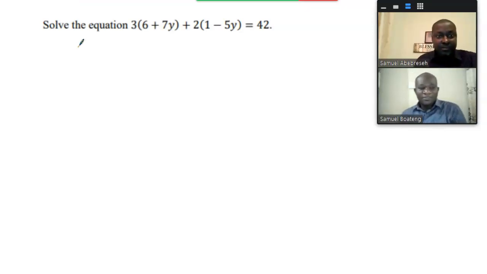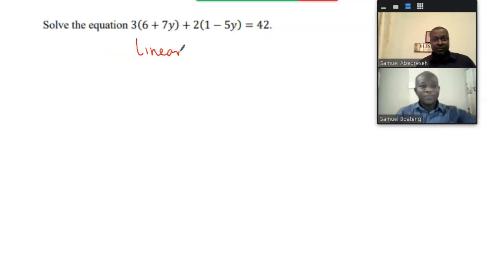Today, for our first question, we want to do something about linear equations. It is one of the easiest topics in mathematics. Let's look at our first question.